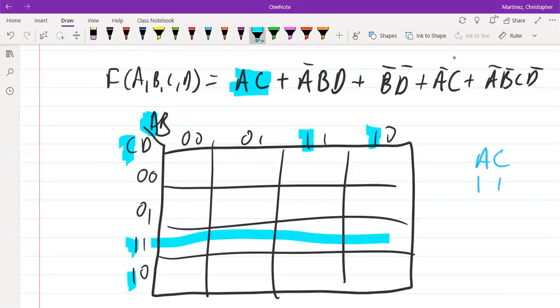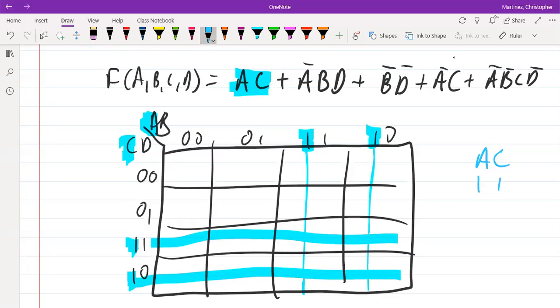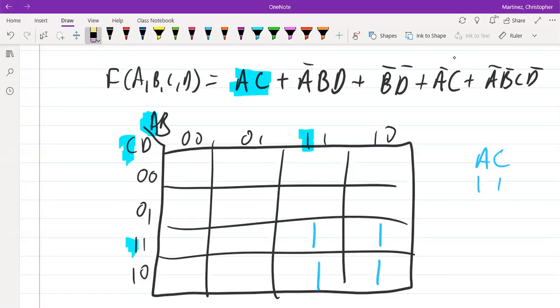Okay, so I have these items extended down, and where they intersect, that is where I want to put a 1. That is where those items would be located. Okay, so I'm going to go ahead and clean up. I'm going to erase these markings. And that's how we find A, C.